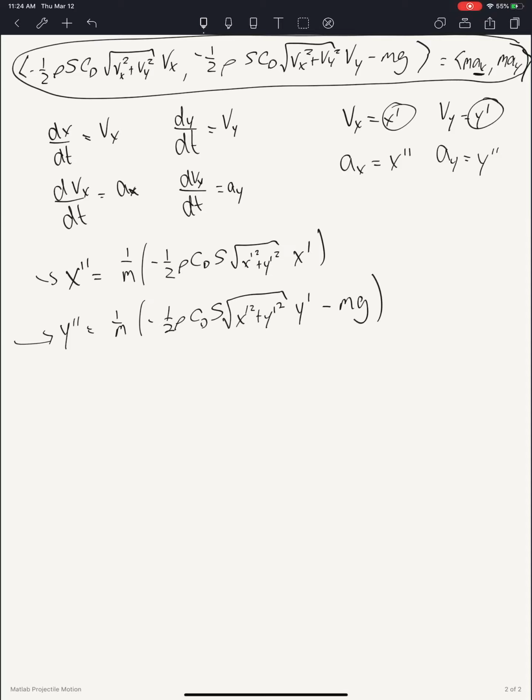So I'm going to make a change of variables. I'm going to call y a vector, and it's going to have the following components: x, y, x prime, y prime.